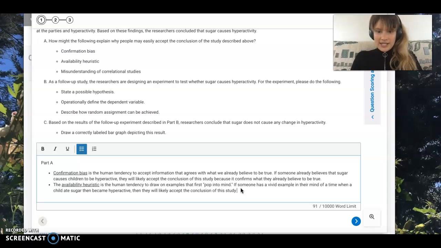Say the person is a parent and they remember a time when they gave their child candy and then their child became really crazy and super active. Then obviously they're going to accept the results of this study because it confirms this vivid example from their own life that they have at the top of their mind.